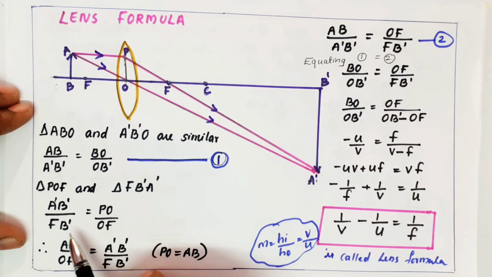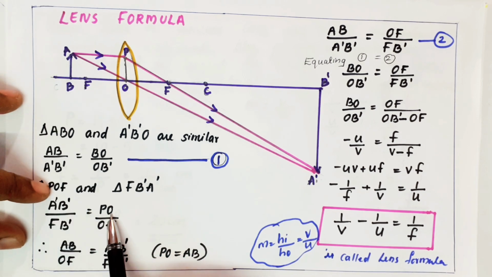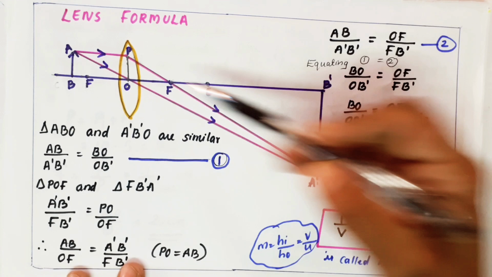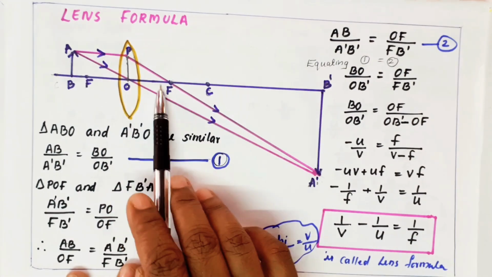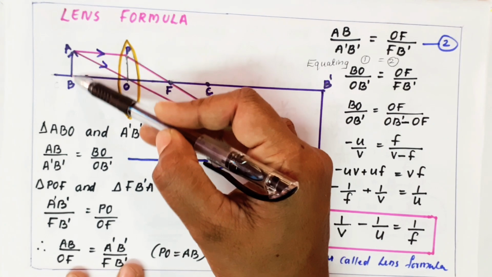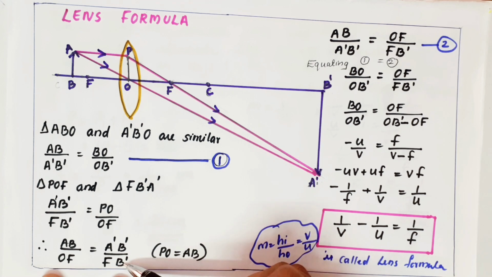Here also you take the similar sides. That is A dash B dash by FB dash is equal to PO by OF. Just take the sides: this by this should be equal to this with respect to this. And here I said PO is nothing but AB, so instead of PO I wrote AB. So AB by OF equals A dash B dash by FB dash.